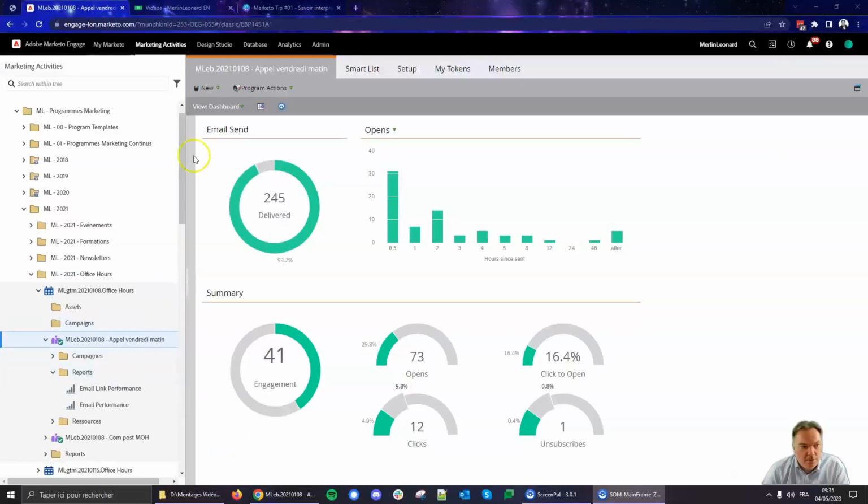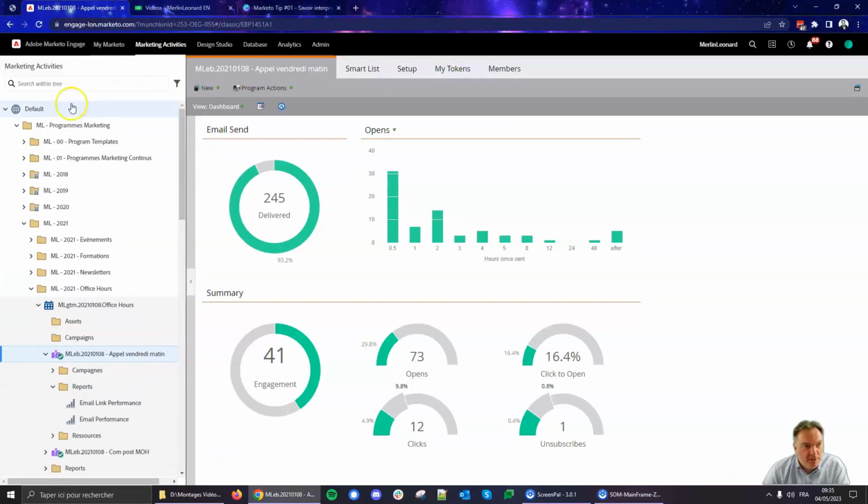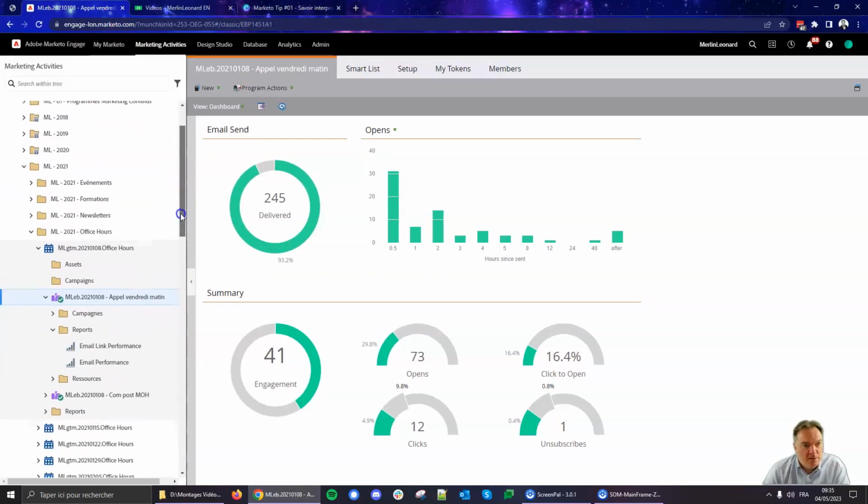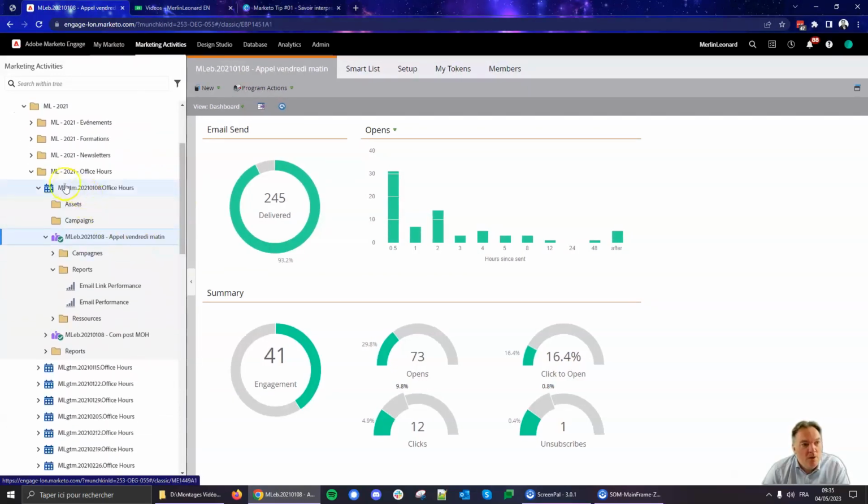I'm in my Marketo, in my marketing activity tab, in my folder hierarchy, and I've taken on purpose a very old program, one of 2021, just to show you that those KPIs stay in Marketo even if they are older than 2 years.